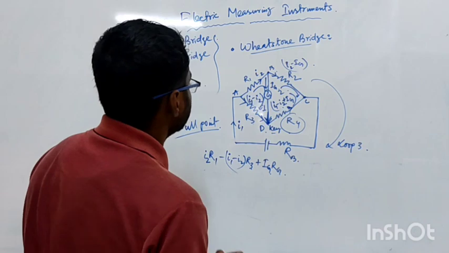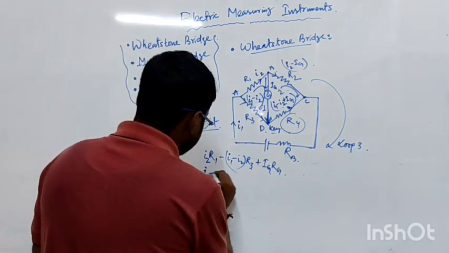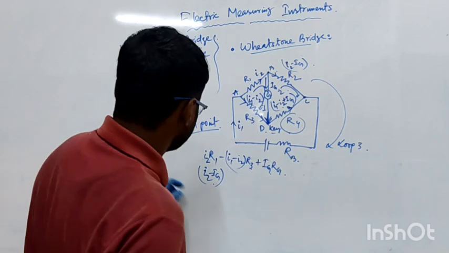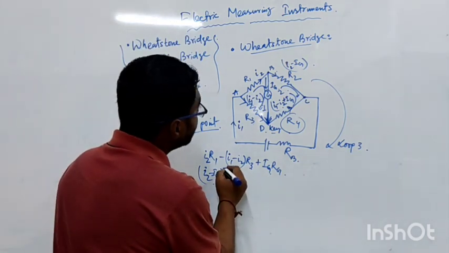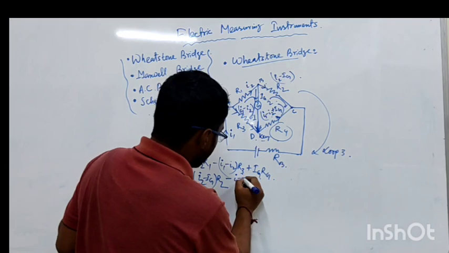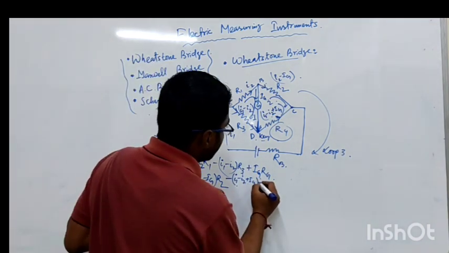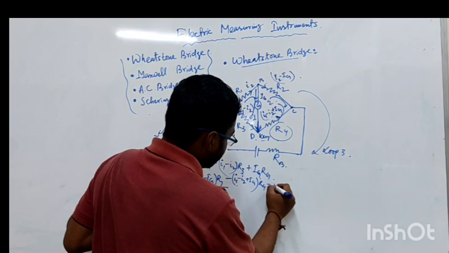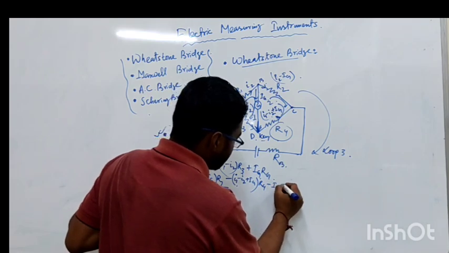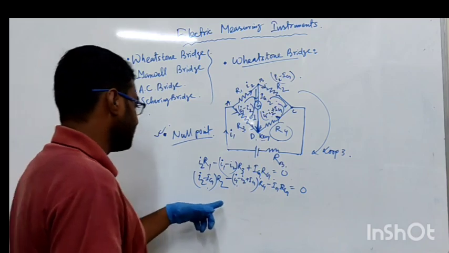Next, that will be I2 minus IG into R2. That will be minus I1 minus I2 plus IG into R4 minus IG RG. That will be equal to 0.